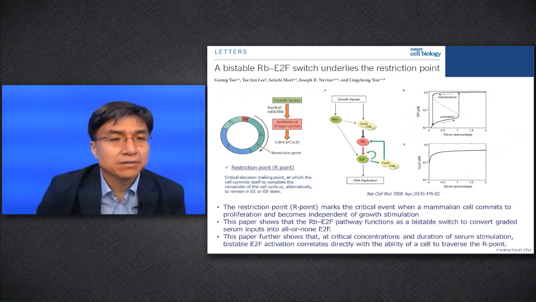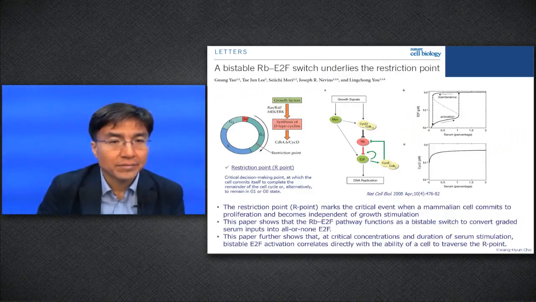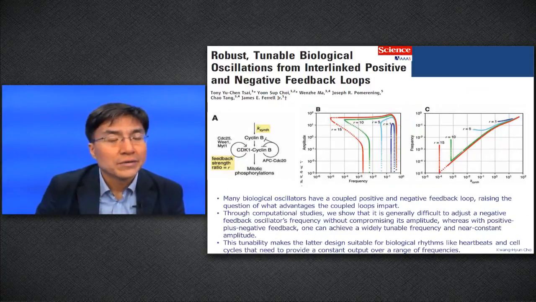Another example is about cell cycle control. In the mammalian cell cycle, people found that there is a bistable switch at the restriction point. Another very interesting study is about the role of feedback loops that are interlinked together and can finely tune the oscillation of molecular concentrations.